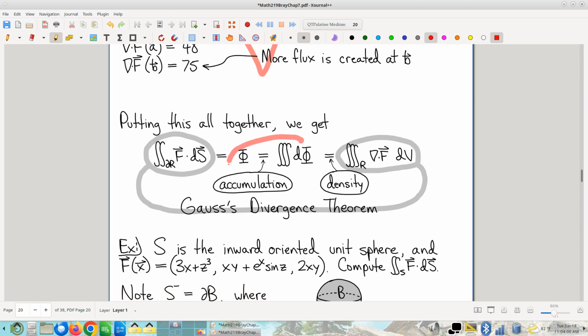Actually, I'm going to do it like this. We already knew accumulating quantities have the feature that the whole is the sum of the parts. That's by definition in some sense. And we already had established this notion of a density. So the fact that we can compute flux with a triple integral of divergence is the immediate consequence of it being an accumulating quantity.